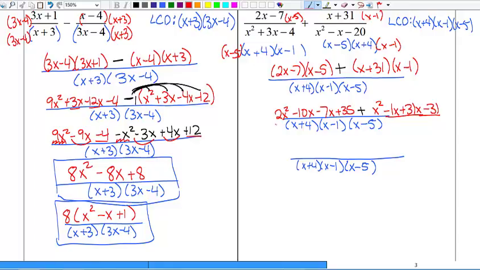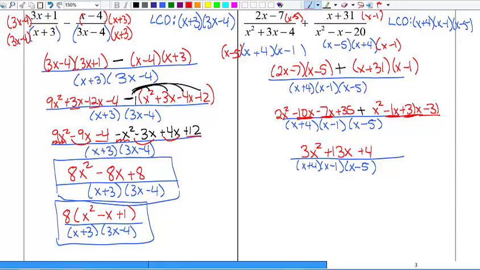So when I combine like terms, I have 2x squared and 1x squared. That gets a total of 3x squared. Minus 10 minus 7x, that's negative 17x. Minus 1 more is negative 18x. Plus 31 is 13x, positive 13x. 35 minus 31 is positive 4.